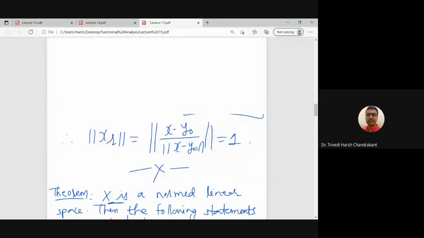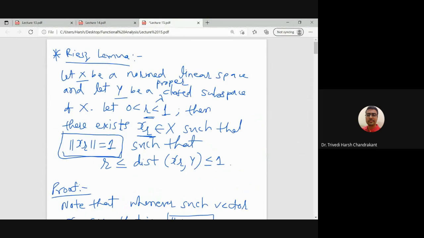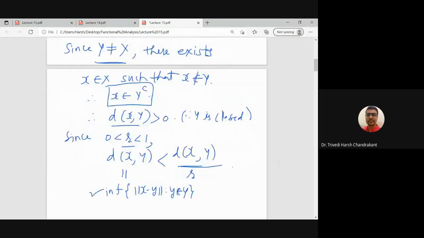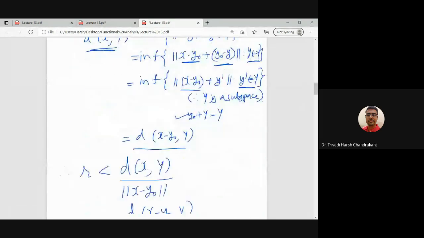Riesz lemma says that if you choose any number r between 0 and 1, so let us take r equal to half, then there is an element xr in X such that its norm is 1, and its distance from Y is greater than or equal to r, that is, greater than or equal to half.